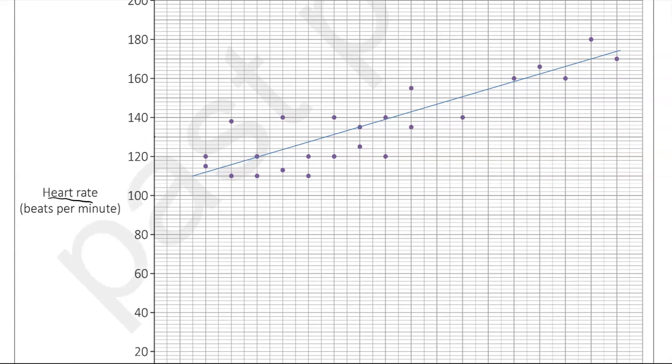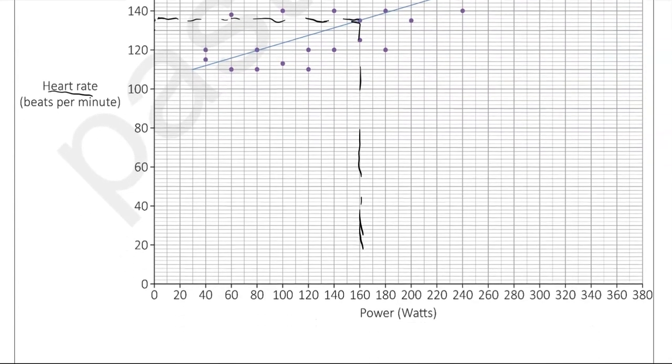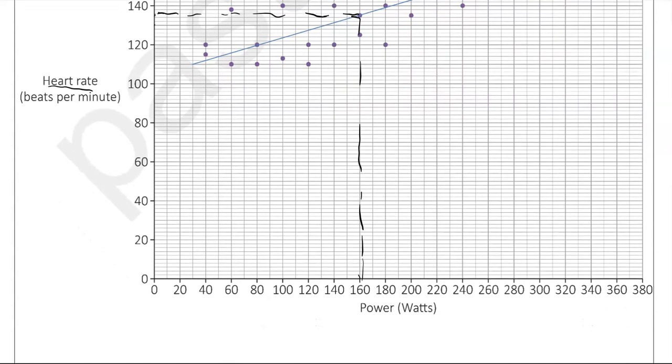This would be 130. So about here is 135. This gives us 160 watts.